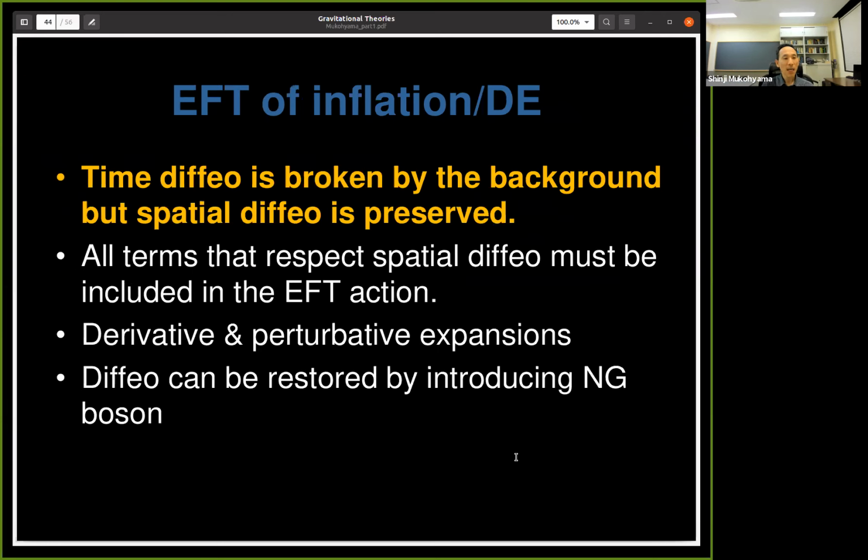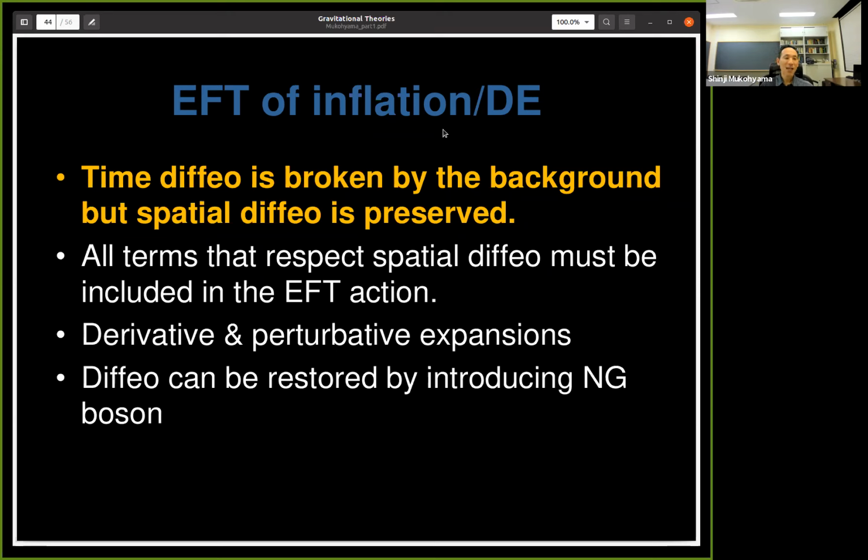So especially here, I'd like to consider a situation where time diffeomorphism invariance is broken by the background. For example, during inflation. Inflation is, as we know, the accelerated expansion of the universe in the early universe. But the inflation should end. Otherwise the universe expands exponentially all the time, and then the universe would be empty. We cannot accommodate a universe like the one we are living in.